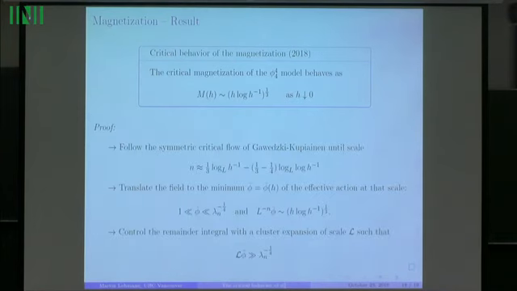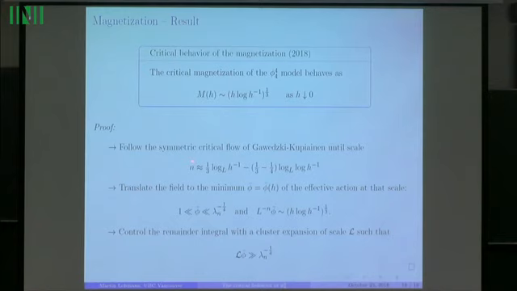And I guess I just conclude. So if you want to construct the critical behavior of the magnetization, what you should do, even though it's a non-symmetric problem, is still follow the symmetric flow that Gawędzki-Kupiainen, for example, have constructed until a certain scale that depends on the magnetic field.